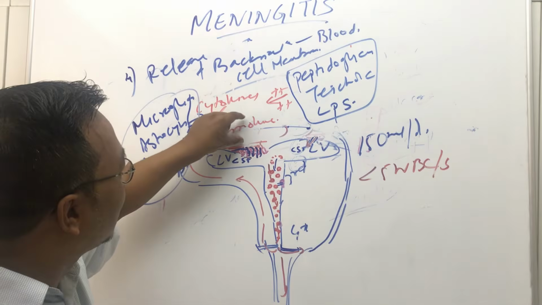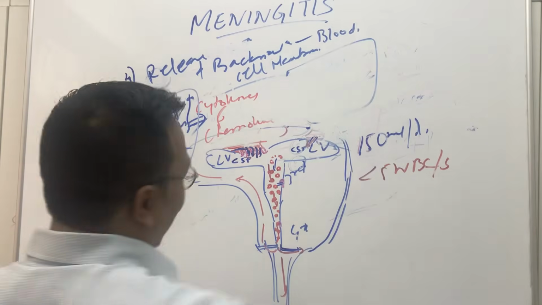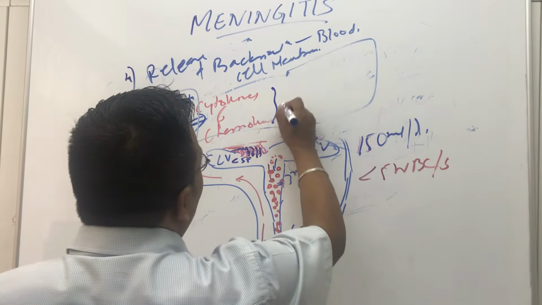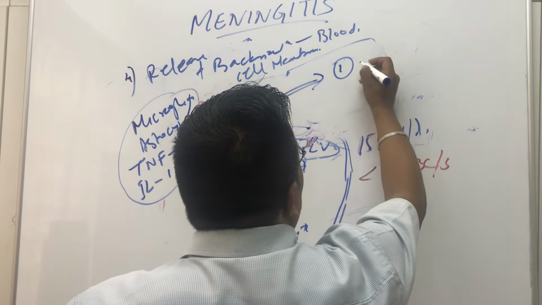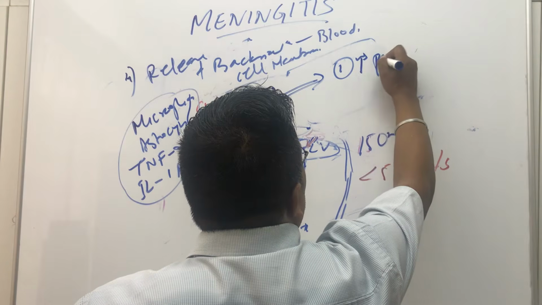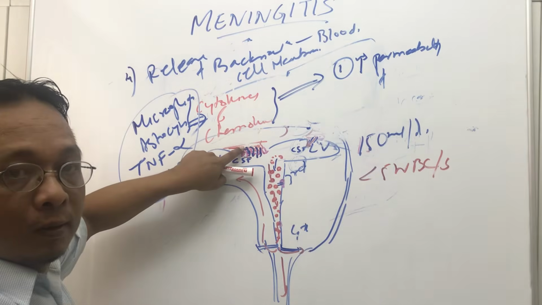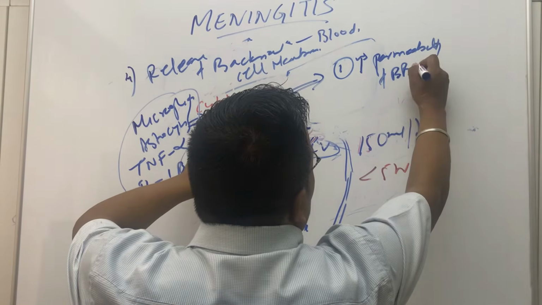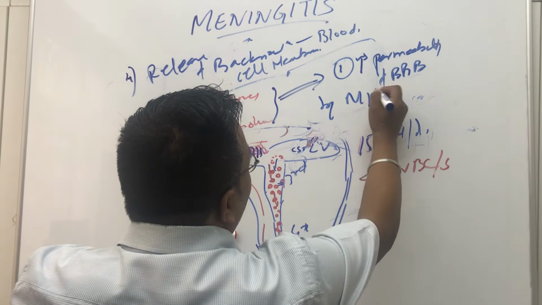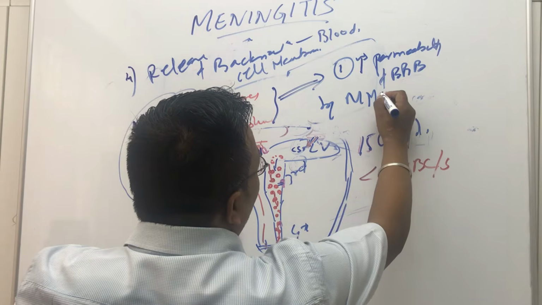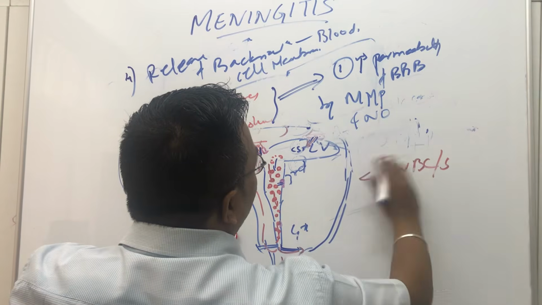So once the cytokines and chemokines are released, what will happen? Now they will do the first thing: increase the permeability of the blood-brain barrier, by the metalloproteinase enzyme, MMP, and release of nitric oxide and reactive oxygens.